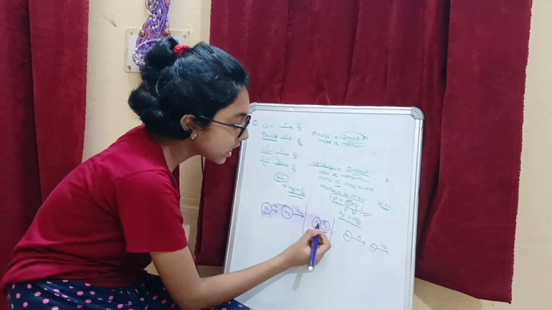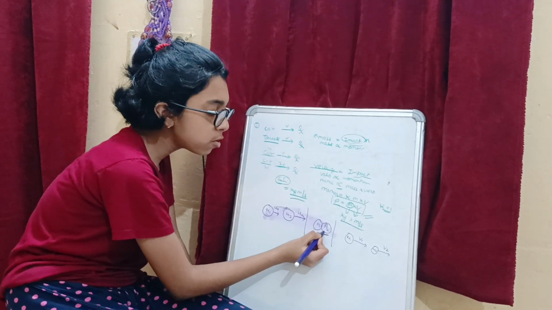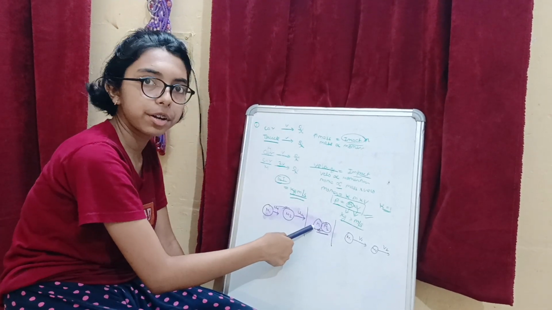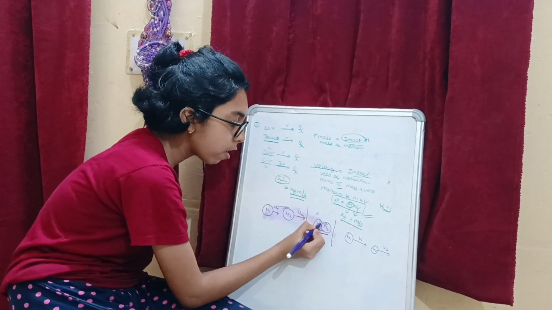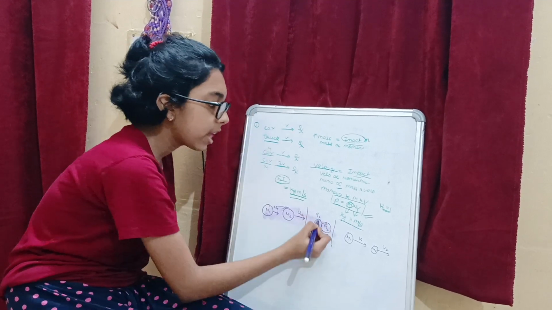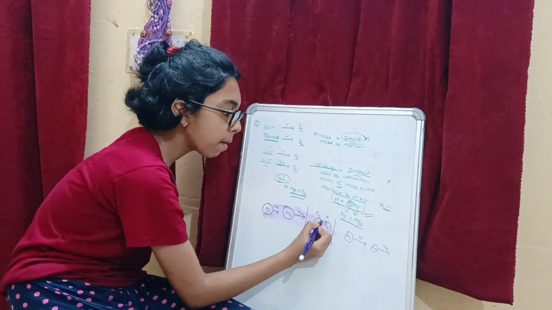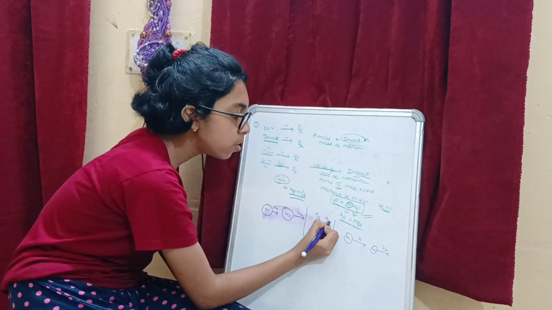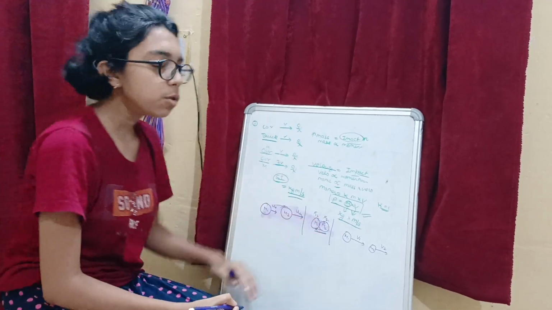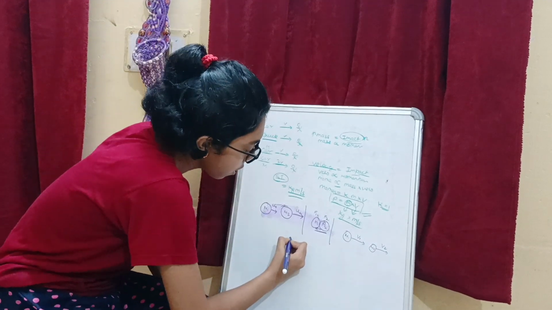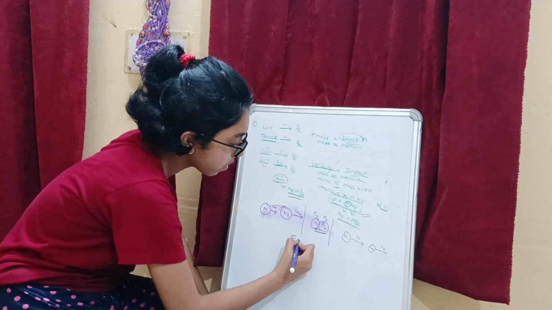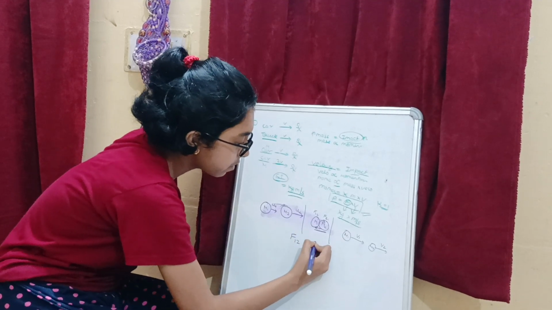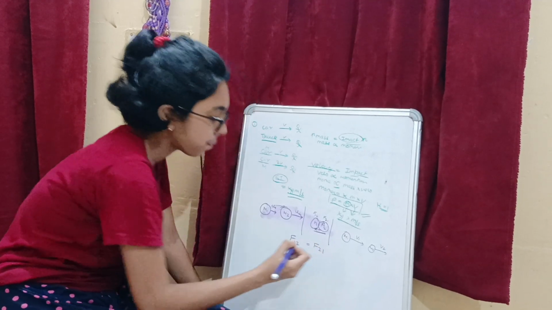From here we can say that m2 is applying force on m1. So this is the force of 1 due to 2, and this is the force of 2 due to 1. So let's write this: F12 and F21.